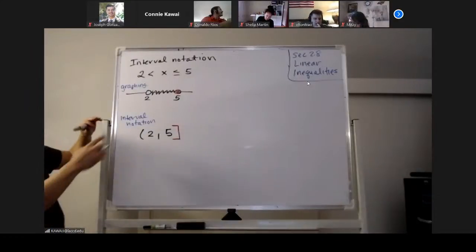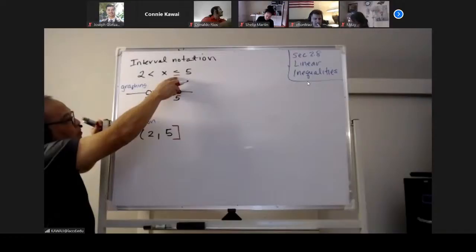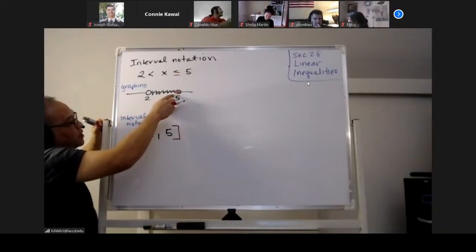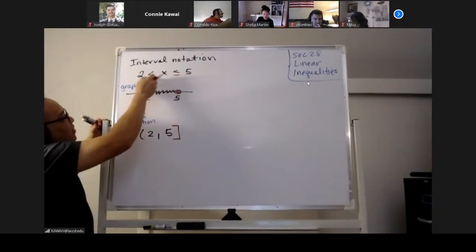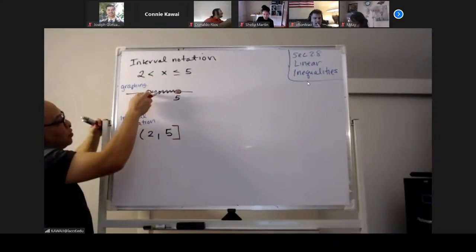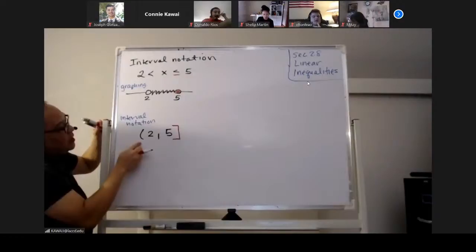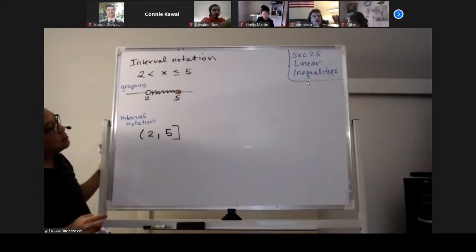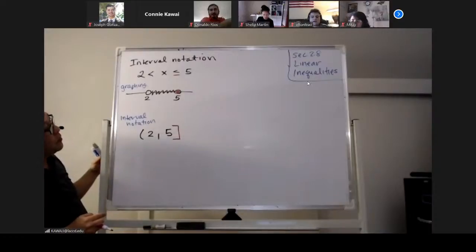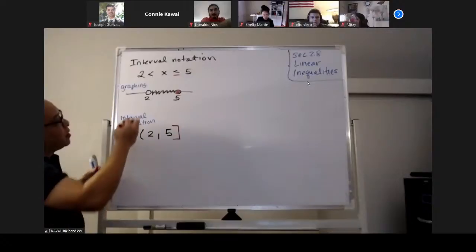Okay. When you have an equal, you fill in the dot and you have a bracket. If you don't have an equal, you don't fill in the dot and you have a parenthesis. Okay.